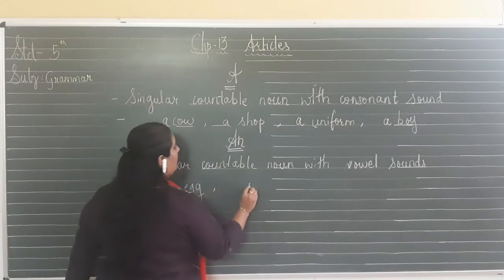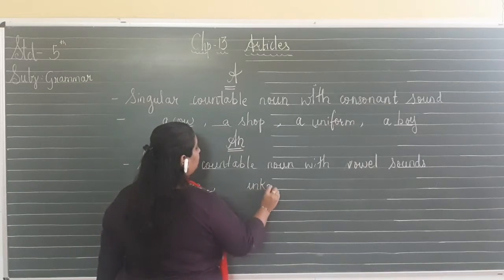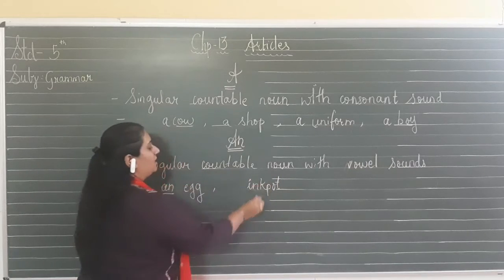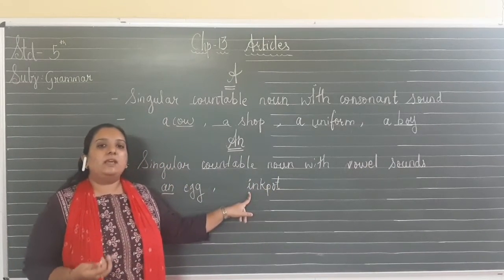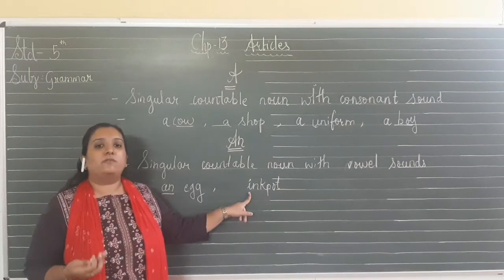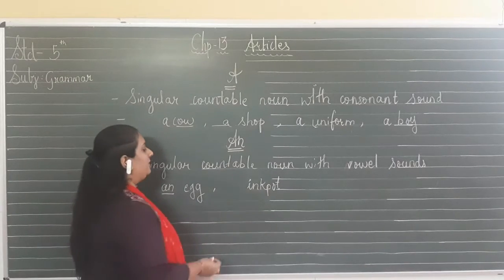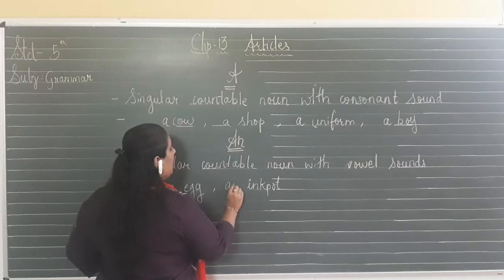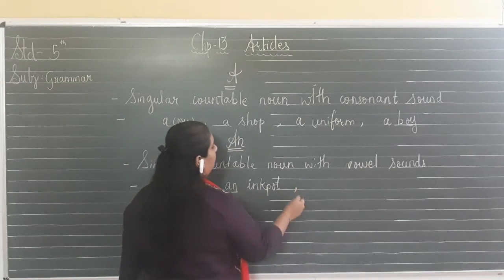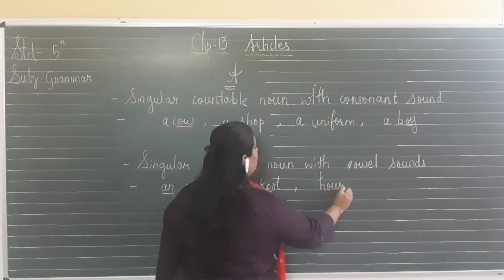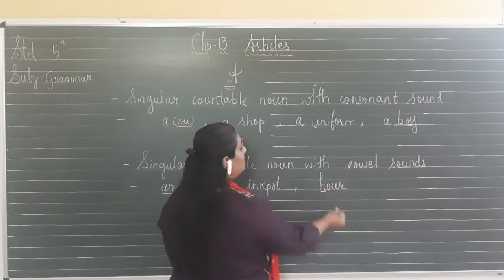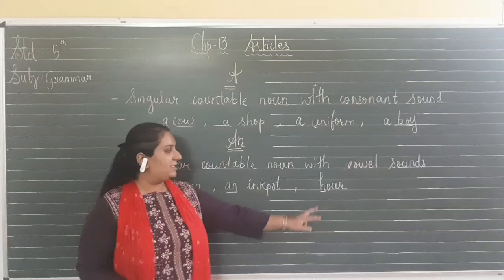An egg. Next, an inkpot. I know it is starting with I, but the pronunciation sound is "ink pot", short I sound. So it is a vowel sound, so here also I will insert article an before inkpot. Then here comes hour. Here you will say, ma'am, it is a consonant. I know, but H is silent.